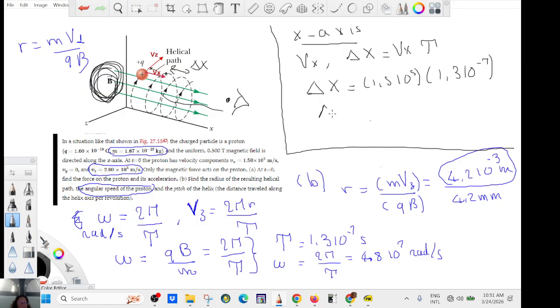So anyway, you get 0.0197 meters. Did you get that? I got 0.0195. Okay, let's put a 5. So 19.5 millimeters.